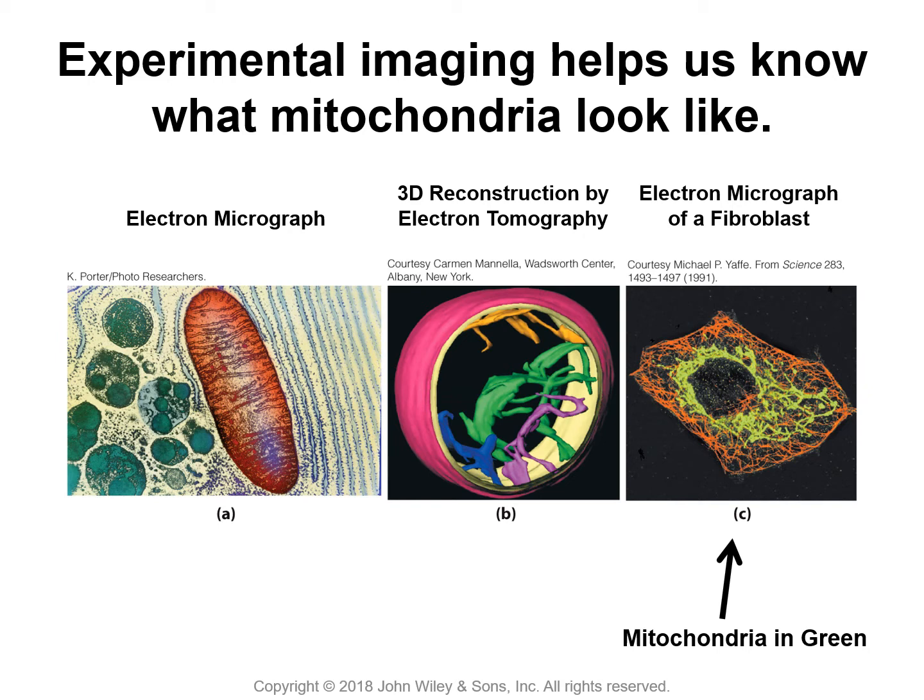And then in C, what you see is an electron micrograph of a mammalian fibroblast showing the network of tubular mitochondria that is labeled with the green fluorescent dye. And the remainder of the cytosol is delineated by microtubules, and that is with the red fluorescent dye.